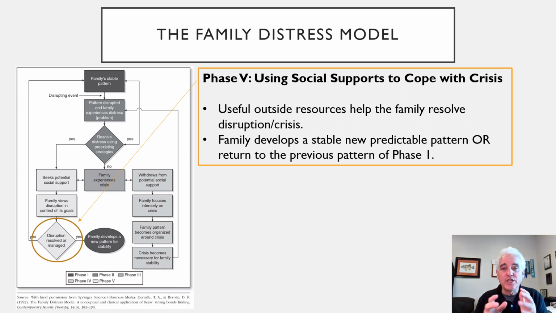So, as we consider using social supports to cope with the crisis, we also need to consider that outside resources can really be helpful. And so one of our roles may be to help them identify what resources are available to them. Some are already in their world: extended family, clubs, church, community center, whatever, right?